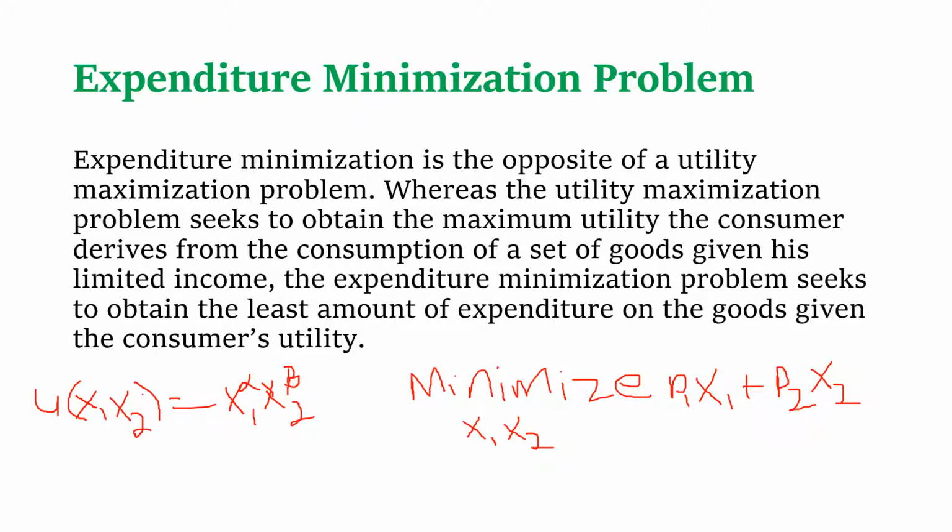Now, how do you represent the objective function, or how do you write the objective function for a utility maximization problem? The answer is simple. All you need to do is to say maximize.